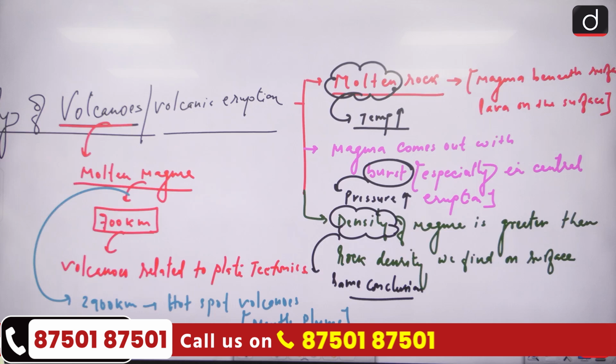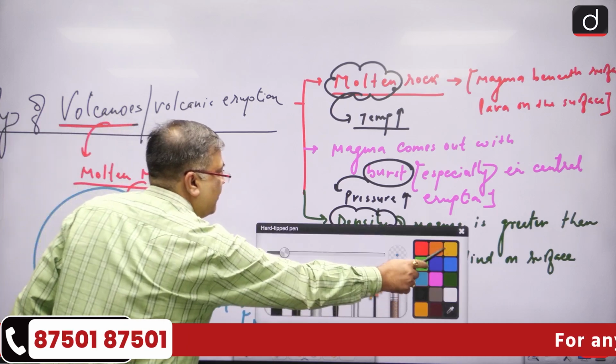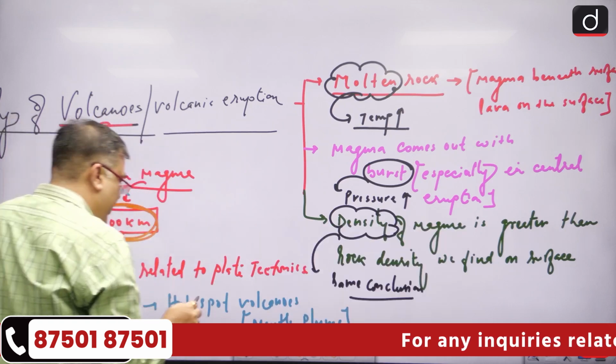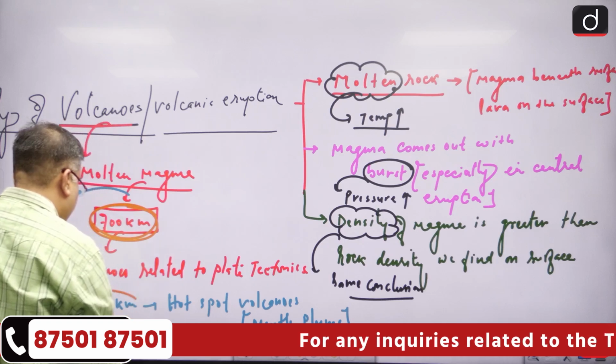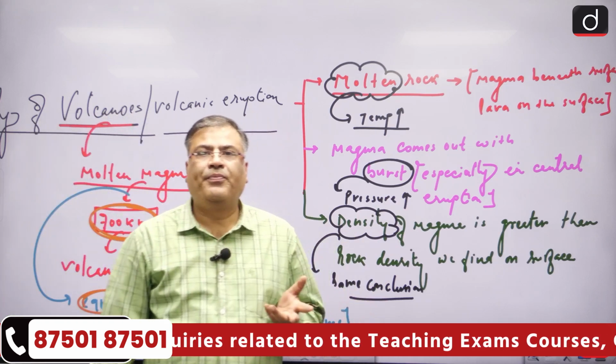So you can see that the 700 kilometer or the 2900 kilometer is not the sufficient depth or the only depth we were looking for.